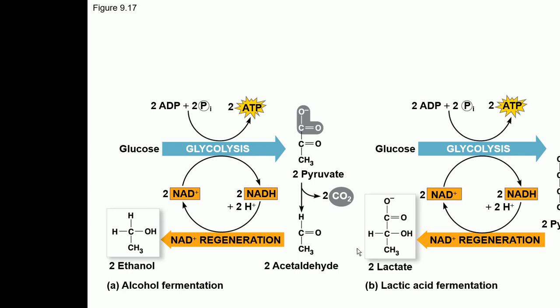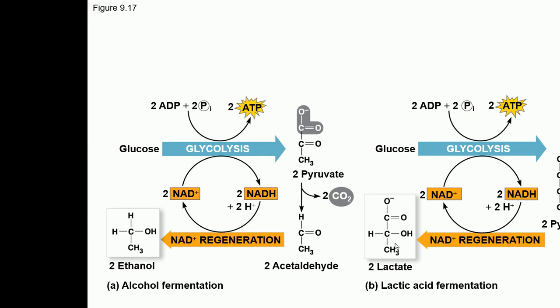Now the second kind of fermentation is lactic acid fermentation. This lactic acid fermentation actually takes place in our muscle cells also, and in our muscles lactic acid is produced. Why do our cells undergo the process of lactic acid fermentation? When we are doing vigorous exercise, our cells need a lot of energy in a very short time.